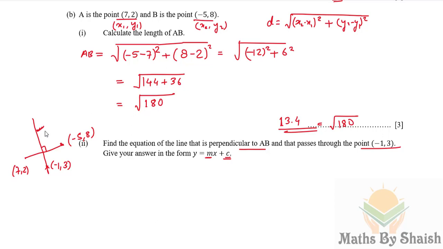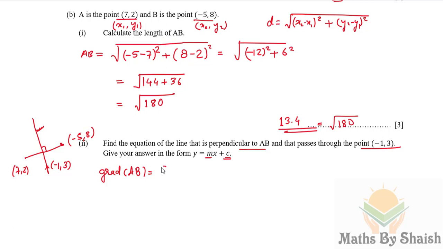So first, we need to find the gradient of this line, and the gradient of the perpendicular line is the negative reciprocal. So first of all we will find the gradient of AB. The gradient of AB, we know, is y2 minus y1 upon x2 minus x1, that is the difference of y coordinates upon the difference of x coordinates.